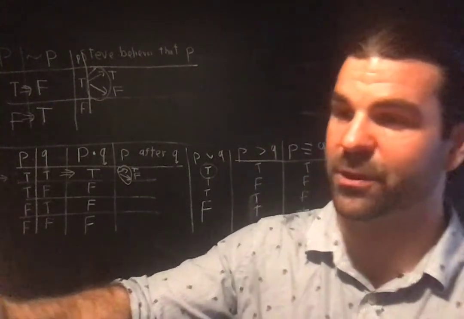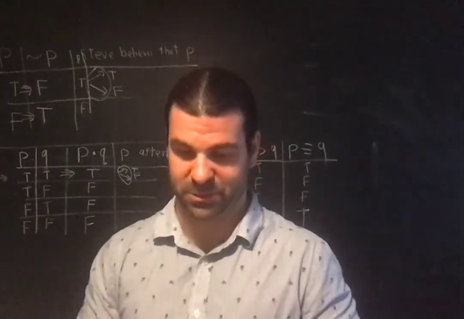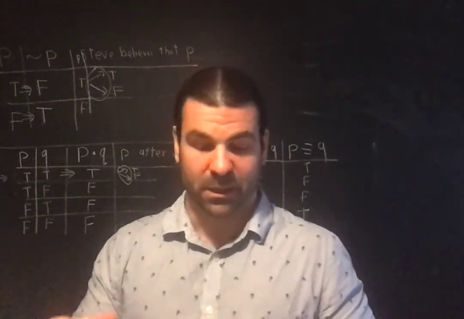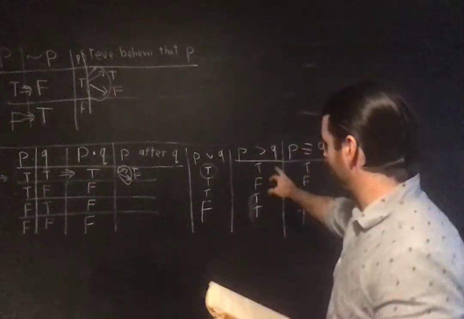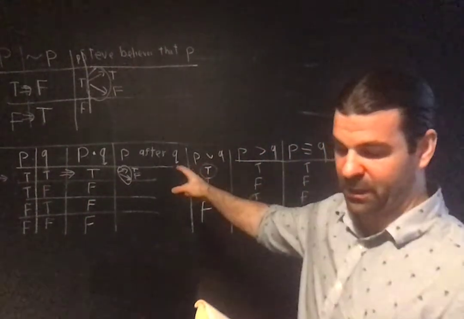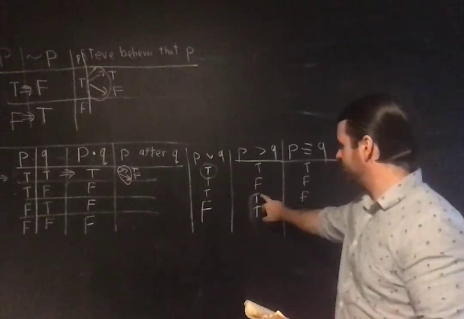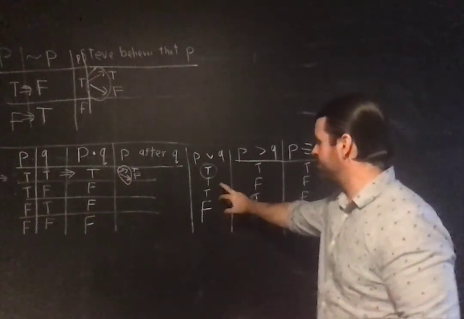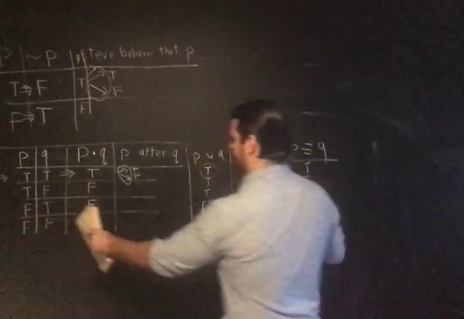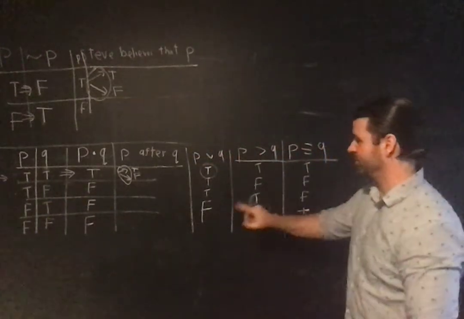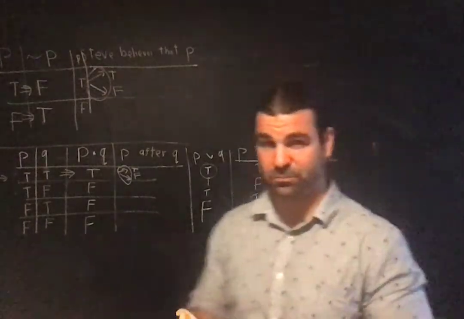So the counterexamples she gives on page 40. The way we're stipulating the meaning of the horseshoe, false hook true is true, false hook false is true.